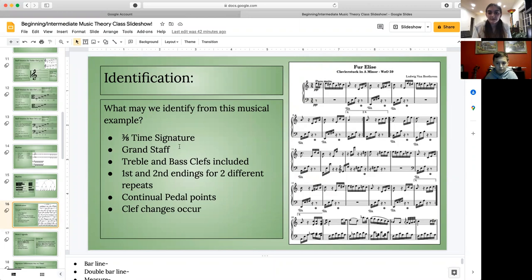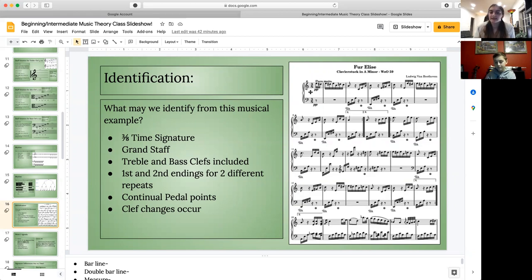From last year, I'll just say we identified the 3/8 time signature. That's just for anybody on the edge of understanding time signatures or how to identify them. You would say the top number first and then the bottom number. You wouldn't say 3/8, even though that's exactly how it's written.